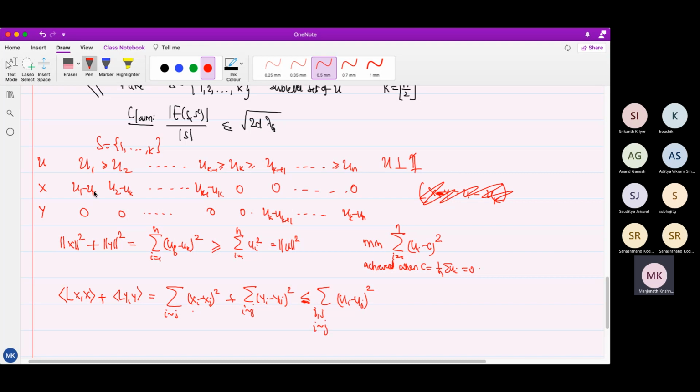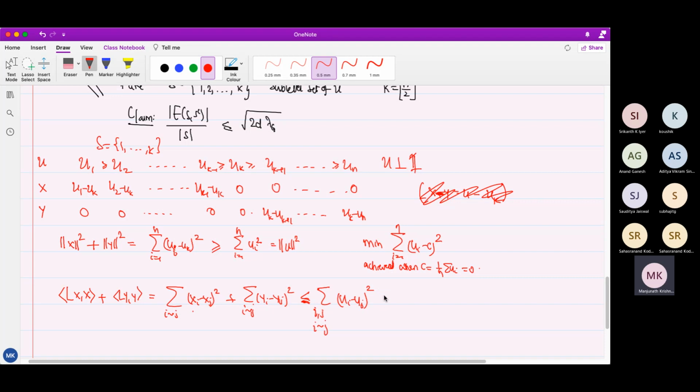See, xi minus xj, if both are here, then that is the same as ui minus uj. But if i is here and j is here, the difference between xi and xj is smaller than the difference between ui and uj, right? Because you have pulled up the u's. The difference between ui and uj is large between these two. So all the differences are larger here.